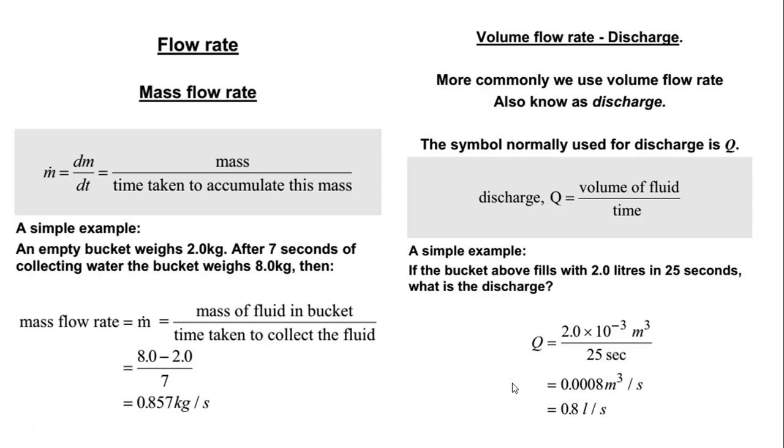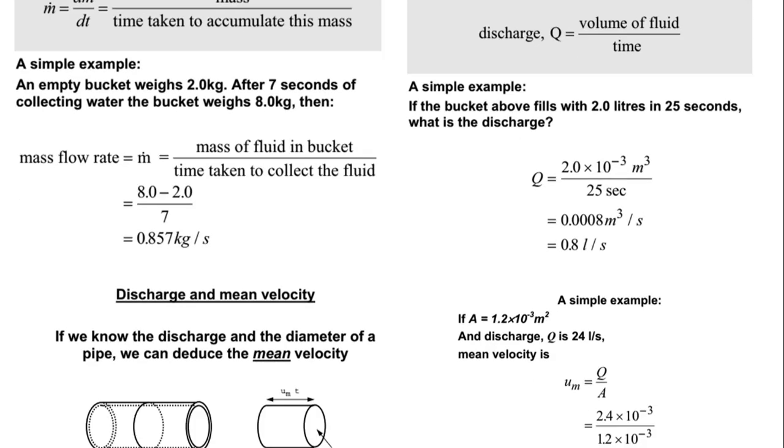So for discharge we use cubic meters per second, or sometimes liters per second, but we always use the SI unit, which is cubic meters per second. So also know how to convert liters into cubic meters. These are the basic definitions that we use: mass flow rate and volume flow rate, known as discharge.